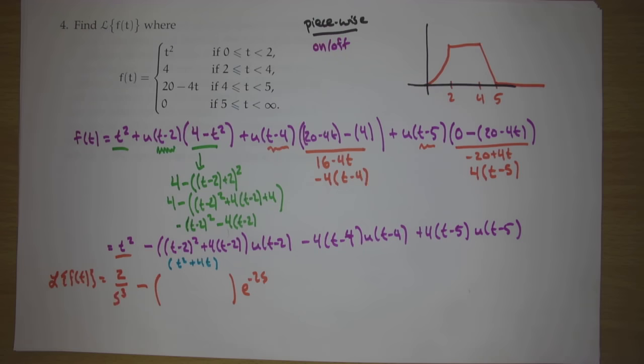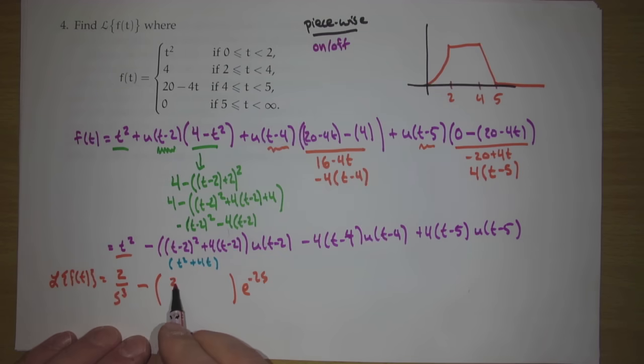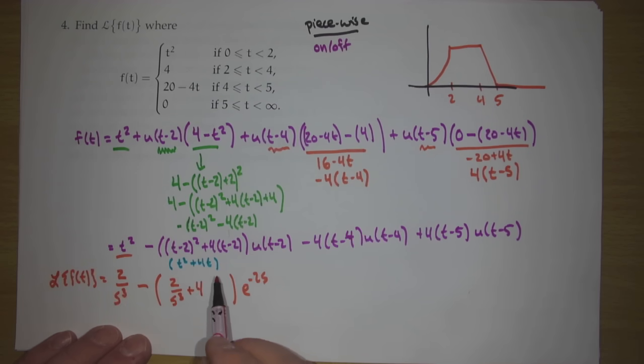Rewrite it as though t minus a became t. Does that make sense what I'm doing right now? What does t squared do? Well, the answer is it's what it did over there. So it's 2 over s cubed plus 4. And what's t? Well, that's similarly 1 over s squared.